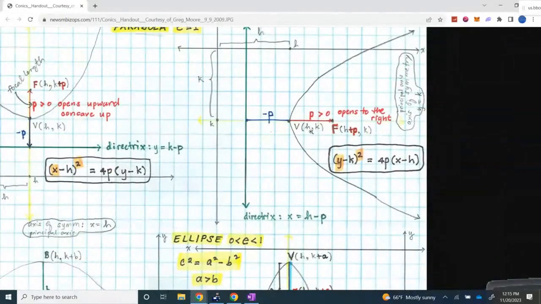So now here's the formulas. The focus, well, we have the vertex, which is H comma K. So we pull out H, which follows X. We pull out K, which follows Y. We change the sign. Here is the formula to find the focus point. Is H plus P comma K.